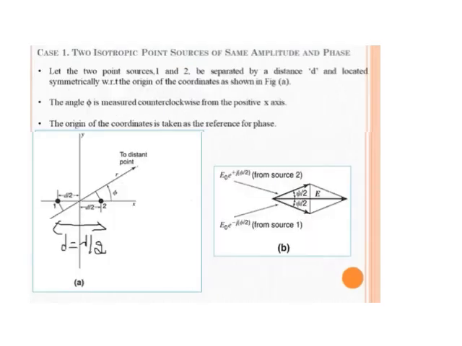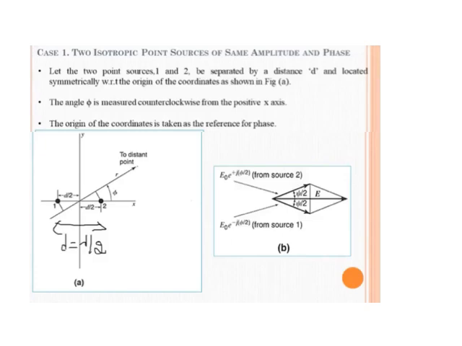Now let us understand the output voltage that we get when we consider the antenna arrays. To do the analysis in a simpler way, let us consider only two antennas, or two point sources, and these two point sources need not have the same amplitude as well as phase.